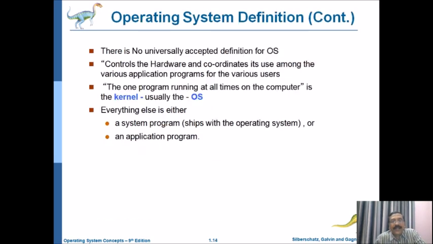Now we'll try to define the operating system again. When you go deeper and deeper, you can say that there is no universally accepted definition for operating system. Then how will we define it? Let me give the simple and powerful definition: the operating system controls the hardware and coordinates its use among the various application programs for the various users.